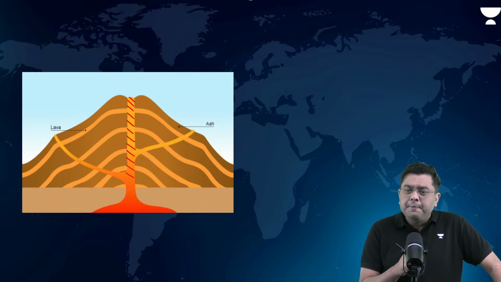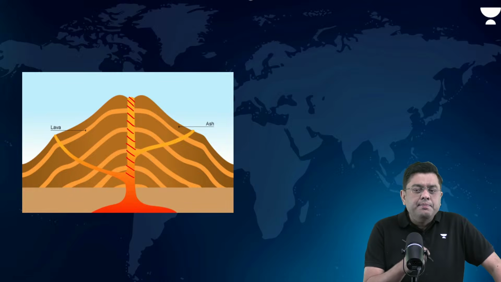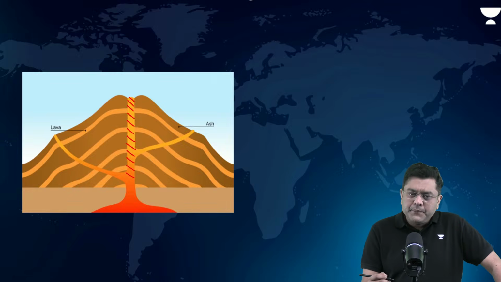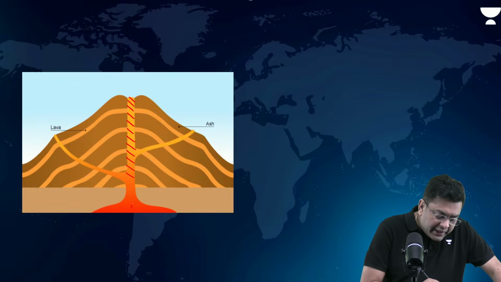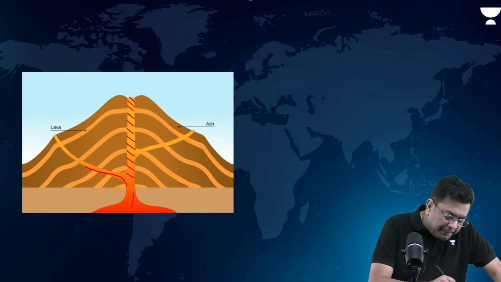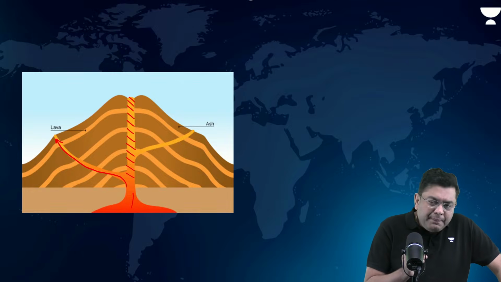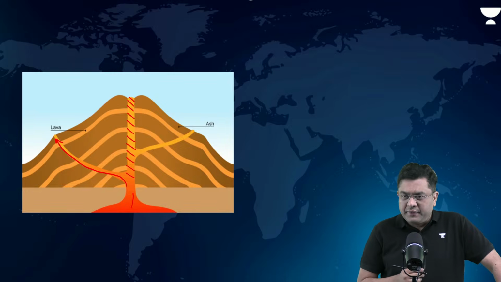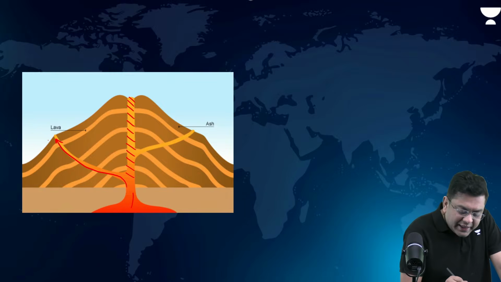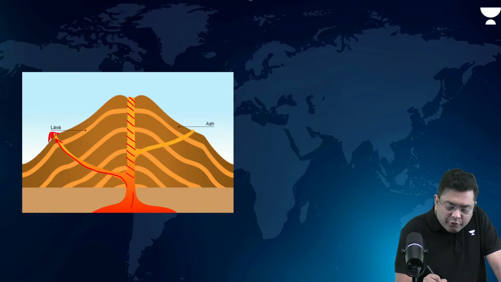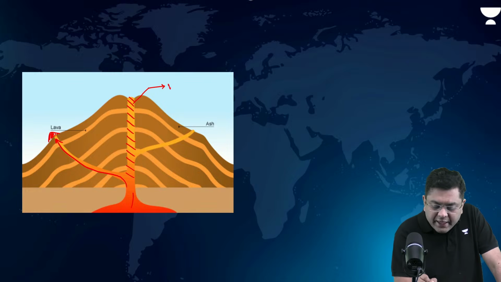So basically, where will the molten materials emerge from? Many of the times, the molten materials try to find a pathway where the rocks are weaker, rocks are older, and they basically crack through the surface. And that is when the eruption can happen somewhere very far away. This is your volcanic pipe or the main volcanic vent.